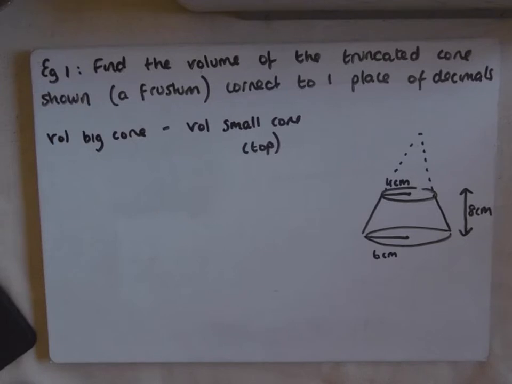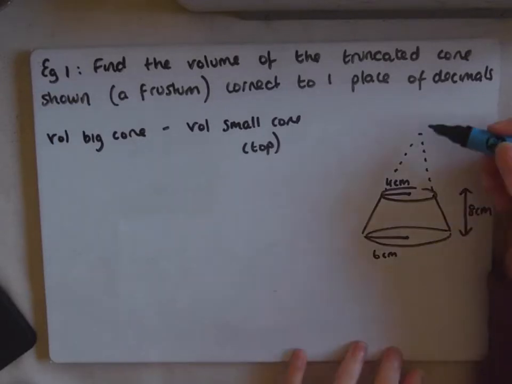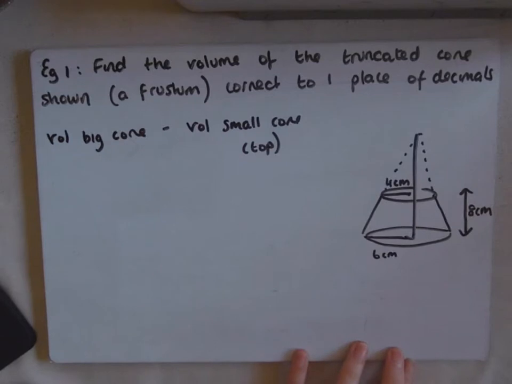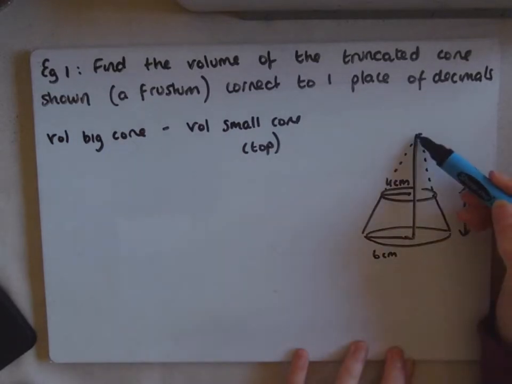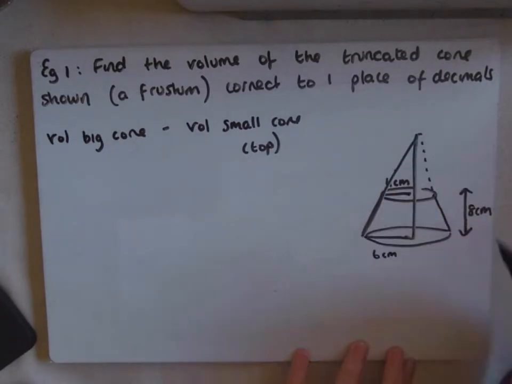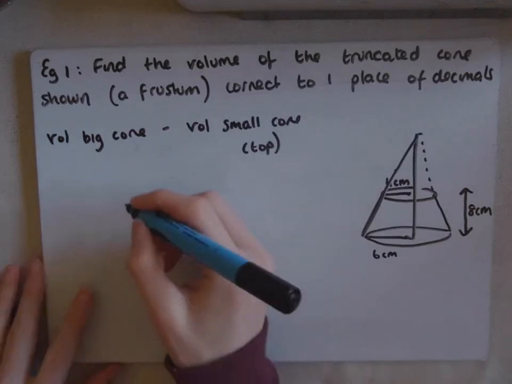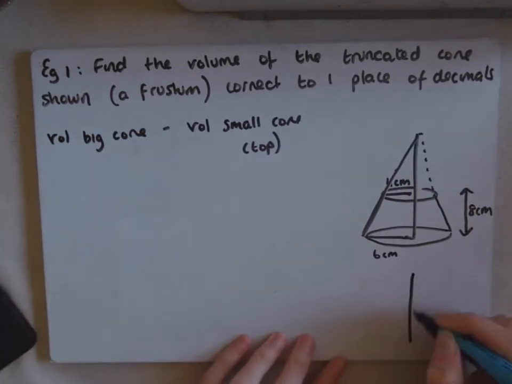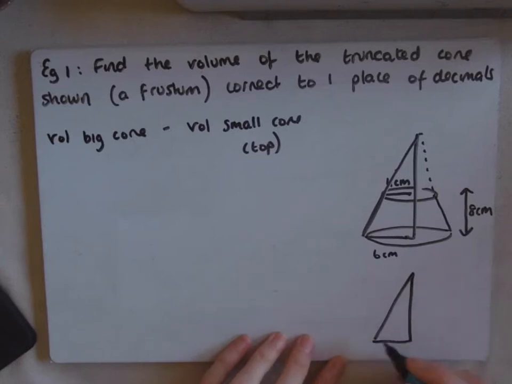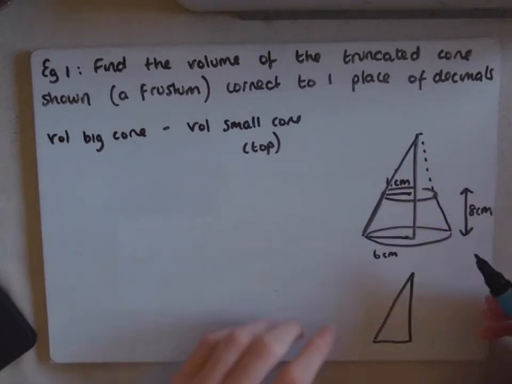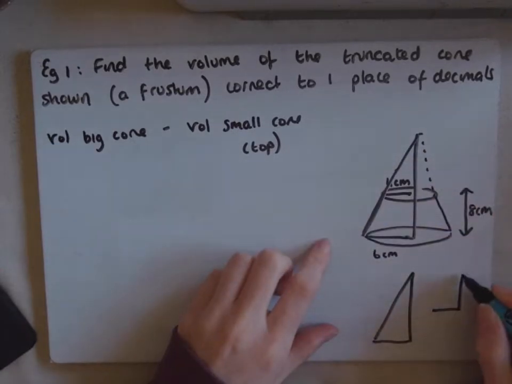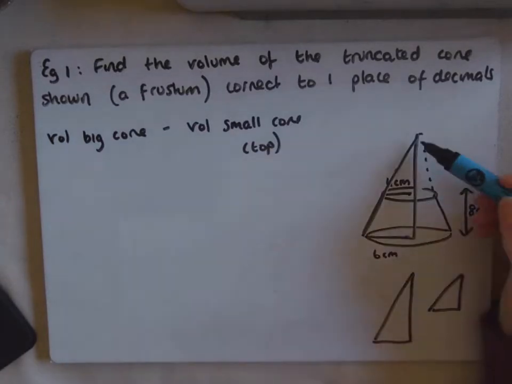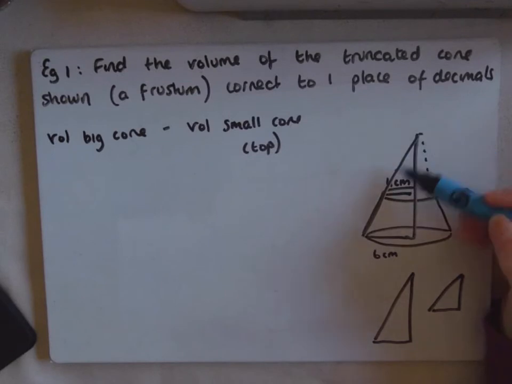If we think about this as being a full cone, you end up with two triangles. You've got a triangle, I'll draw them down here, which is the big triangle, and then you have the smaller triangle on top. So you have this one here, and you have this one here.